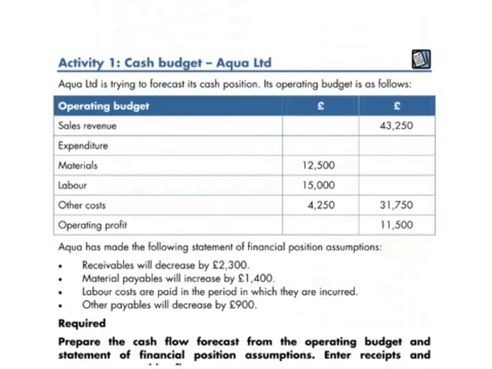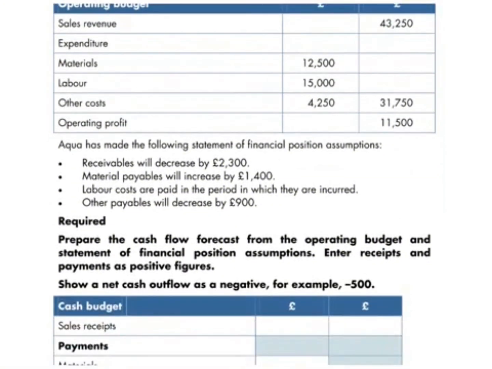This activity enables you to pull together a cash flow forecast based on operating budget data and assumptions on the statement of financial position. You need to enter receipts and payments as positive figures, and if you generate a net cash outflow once you've completed the cash flow forecast, you need to enter that as a negative, either using a minus sign or some brackets.